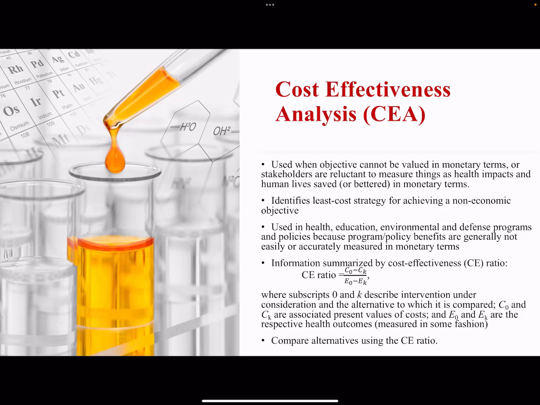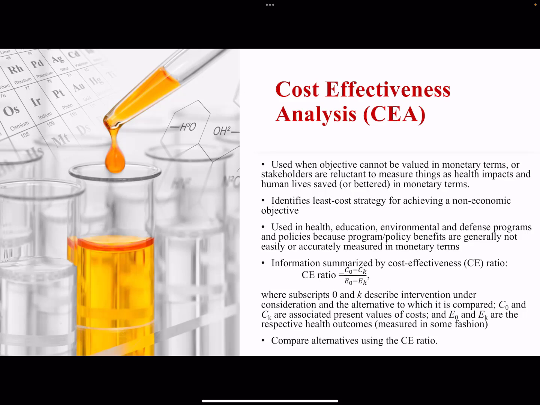The information summarized by cost-effectiveness analysis can be summarized in this cost-effectiveness ratio, which is (C0 minus CK) divided by (E0 minus EK), where subscripts 0 and K describe the intervention under consideration and the alternative to which it is compared. So C0 and CK are associated present values of costs, and E0 and EK are the respective health outcomes measured in some fashion.